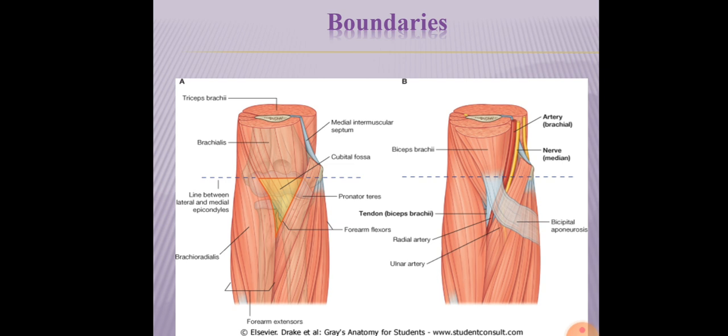The roof is formed by the skin and bicipital aponeurosis. It contains the median nerve and the brachial artery, which divides in the cubital fossa into ulnar and radial artery. Okay?